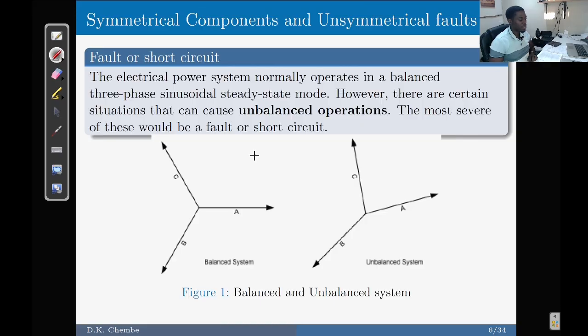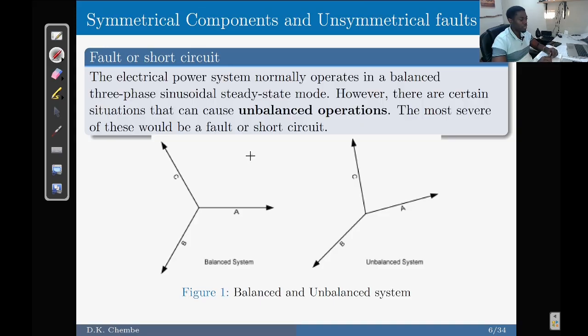I discussed symmetrical faults, and I discussed some examples of symmetrical faults as well. In that discussion, I did go through it a bit in detail on the faults and what causes the faults. In most cases, the faults are caused by a number of things, one of which is lightning.